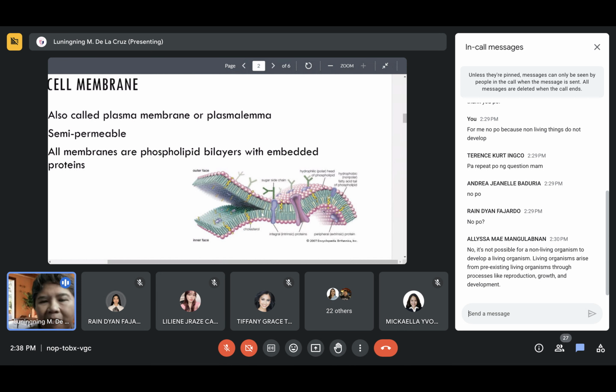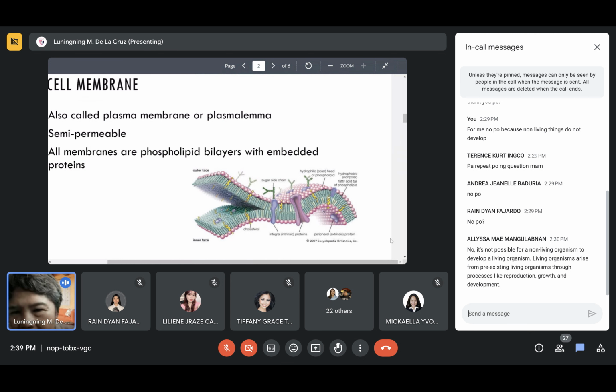Now, this gray extension is the hydrophobic extension. So the phospholipid bilayer is made up of a hydrophilic substrate and also a hydrophobic substrate. It is made up of those two. That's why it is very selective in allowing materials to enter the cell.